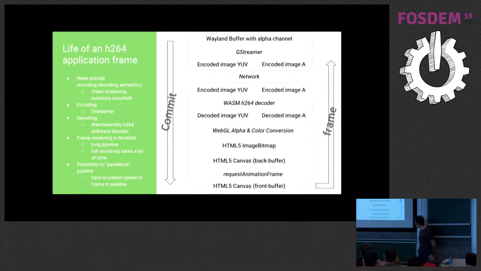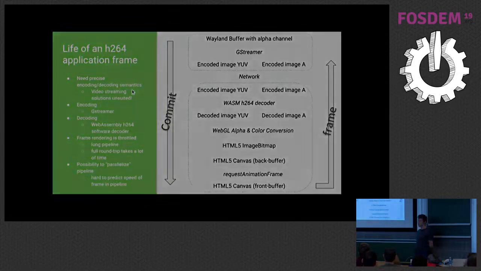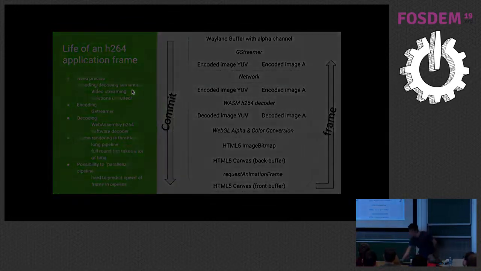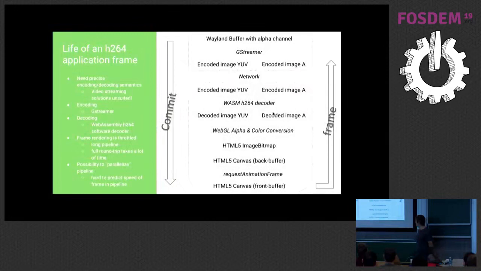Once the frame of the application is shown on screen, the browser sends a command back to the application to say, hey, you can start processing the next frame and start sending me the next frame. This is basically what is used in classical Wayland to throttle the frame delivery, or the frames per second of your application.